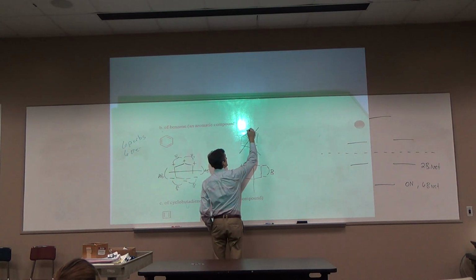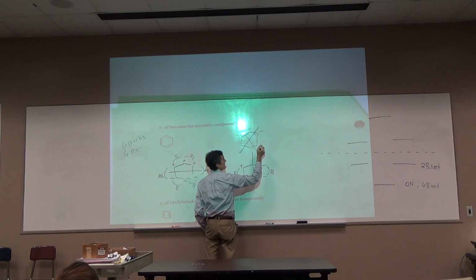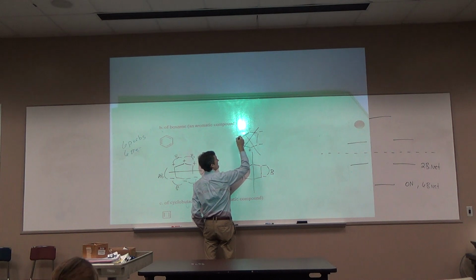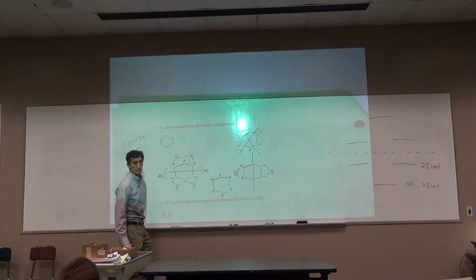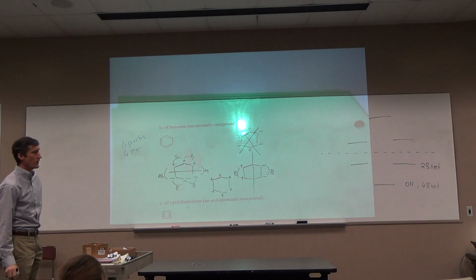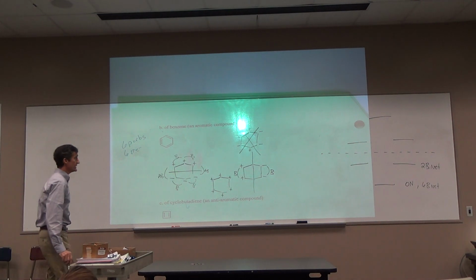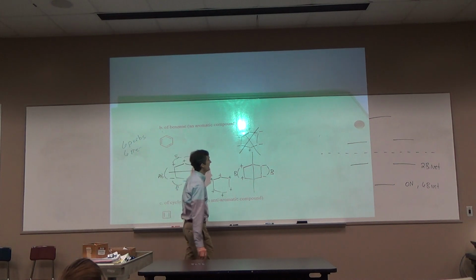And if this is plus, what is this? Minus, and what's this? Minus, plus, minus, minus. So what if all 6 interacted that way? If they interacted this way, what would be the net?